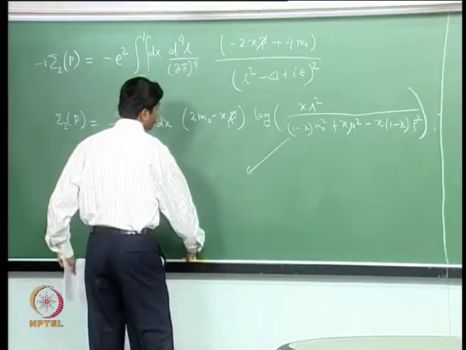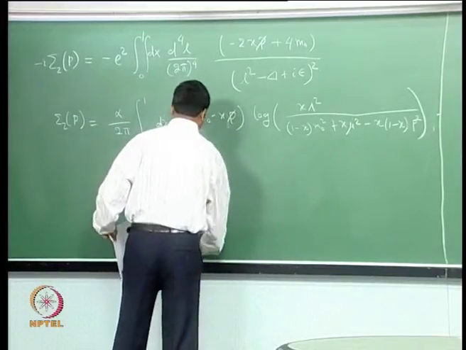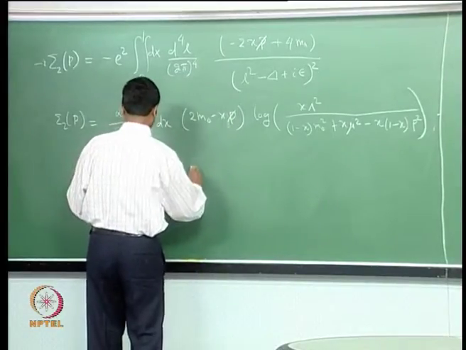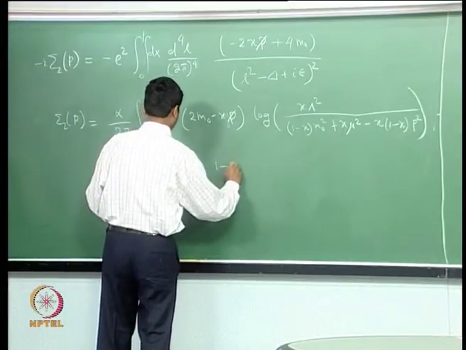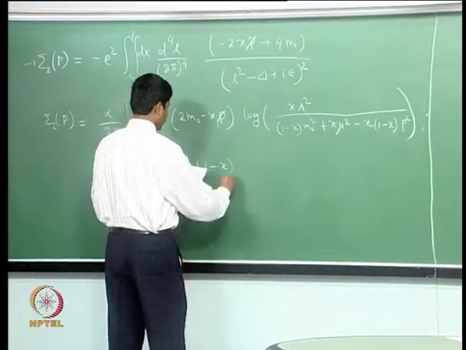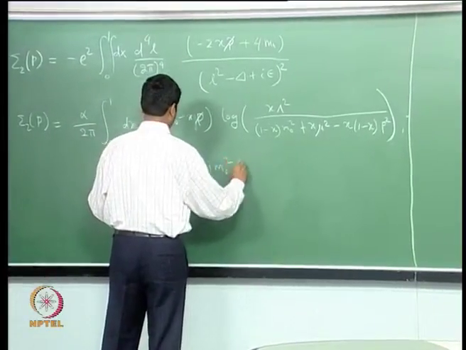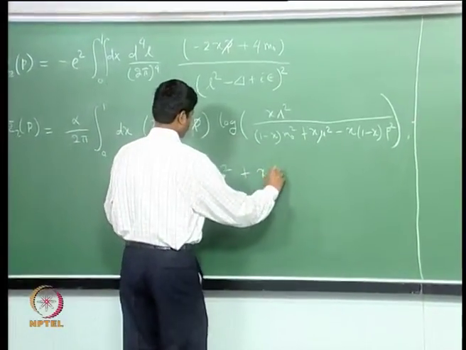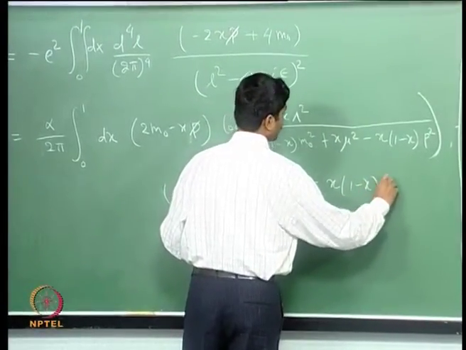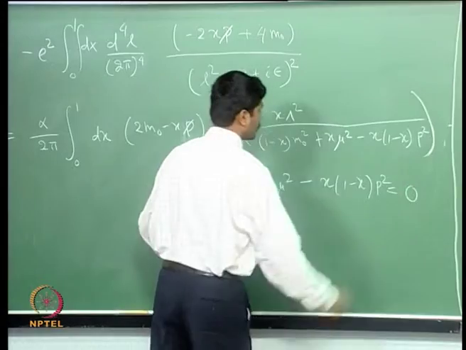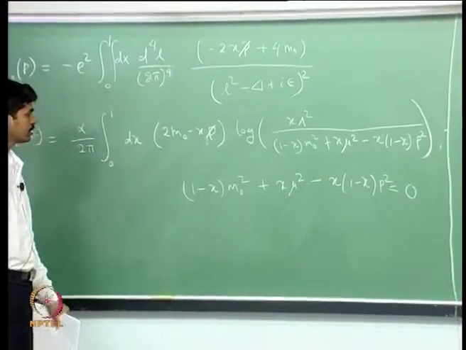So, for any x, the branch cut starts when this quantity, the denominator, simply vanishes: 1 minus x, m 0 square equal to 0 plus x mu square minus x into 1 minus x p square, this equal to 0. Okay.